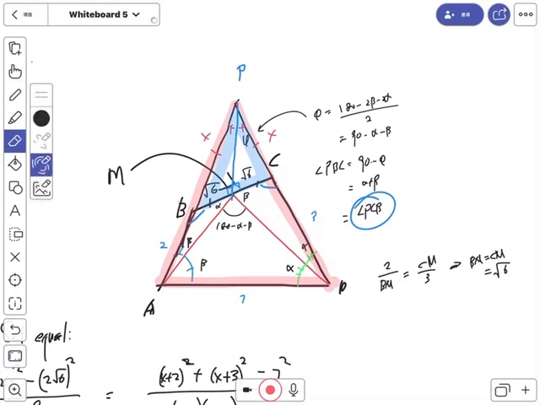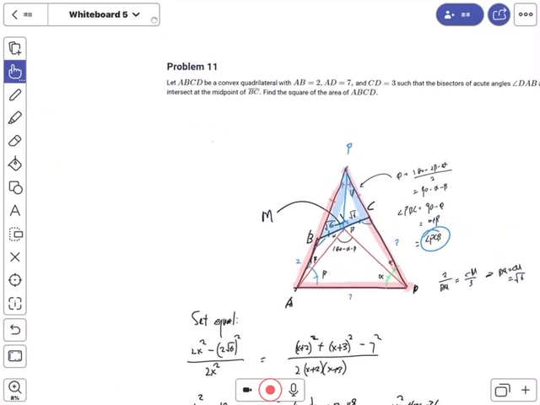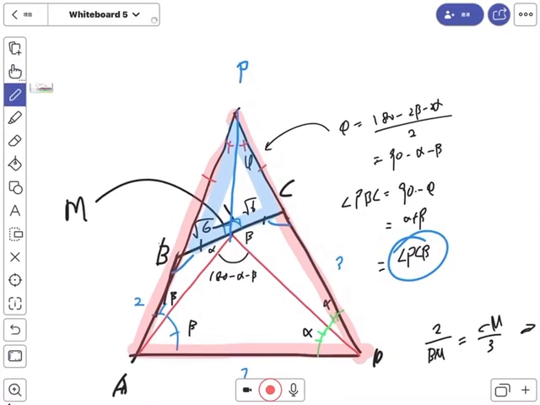We're going to see that this part is equal to 6. So if this is 6, then we can just use the sine area formula.